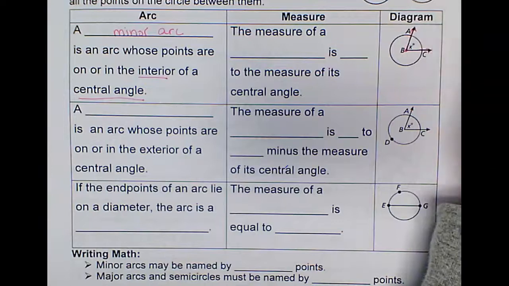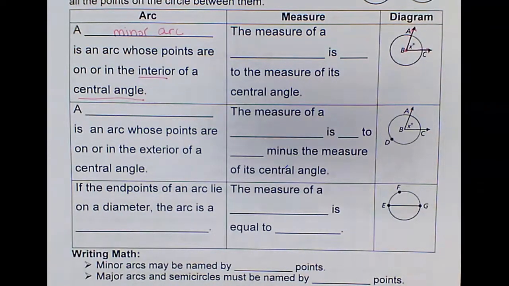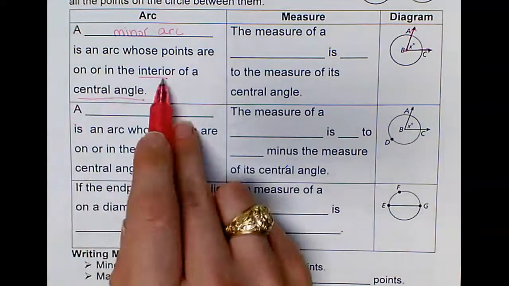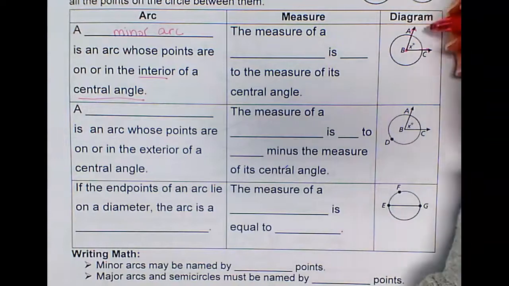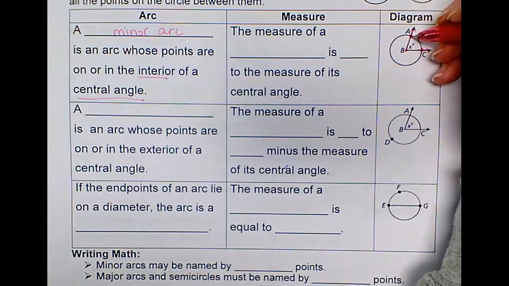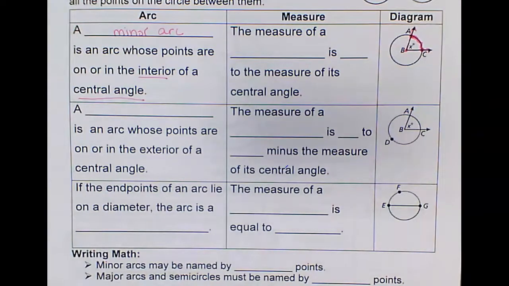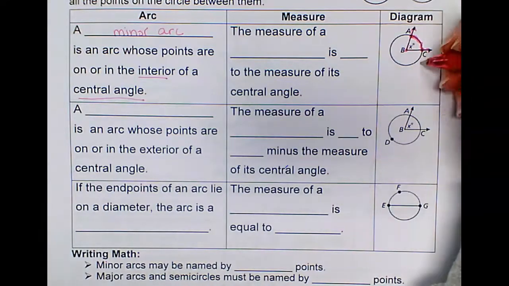So here we have angle ABC as the central angle. But the arc, the minor arc, is the arc whose points are on or in the interior of the central angle. So point A on the central angle, point C on the central angle, and all of the points in between in the central angle. So that is arc AC.